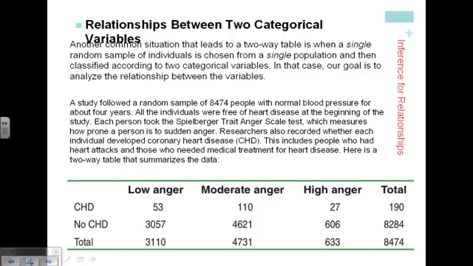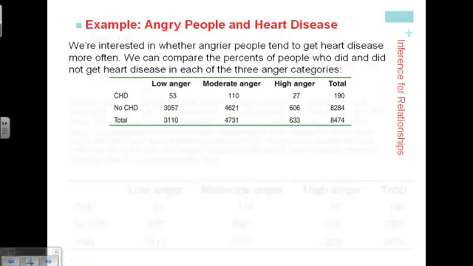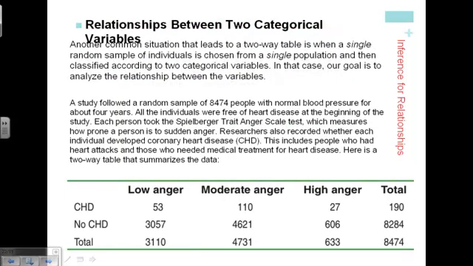So how many rows? 2. Two categories of whether you get heart disease or whether you don't. How many columns? 3. So rows, columns. It's 2 by 3, and this is going to have 2 degrees of freedom, I believe.